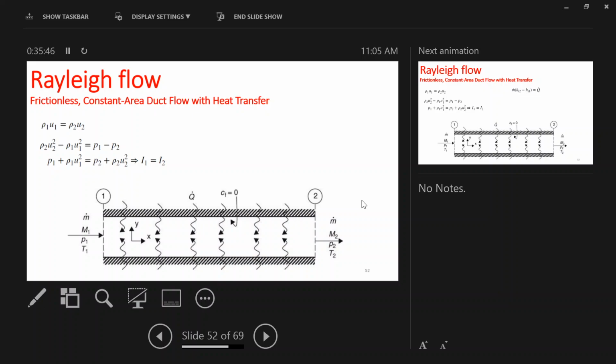So we can write it as p1 plus rho 1 u1 squared equals p2 plus rho 2 u2 squared, which means that the fluid impulse is conserved. Okay? Did we talk about fluid impulse? I think so. So P plus rho u squared is called the fluid impulse.